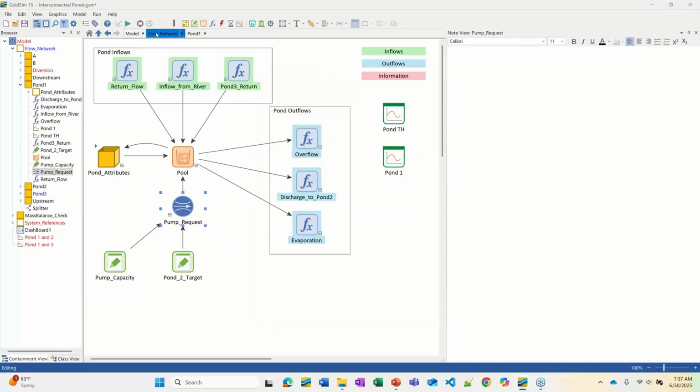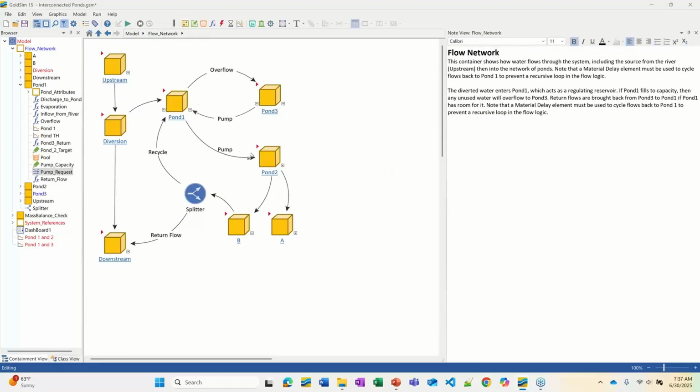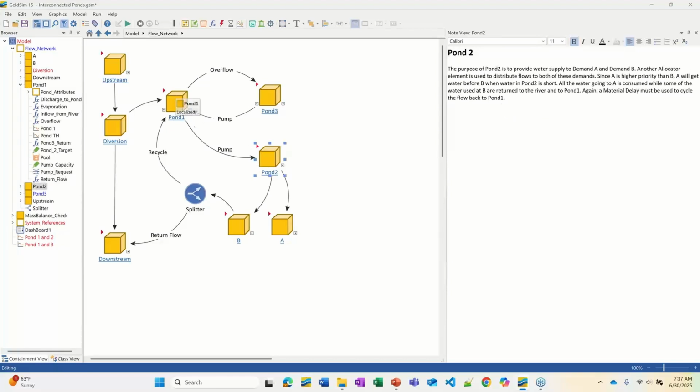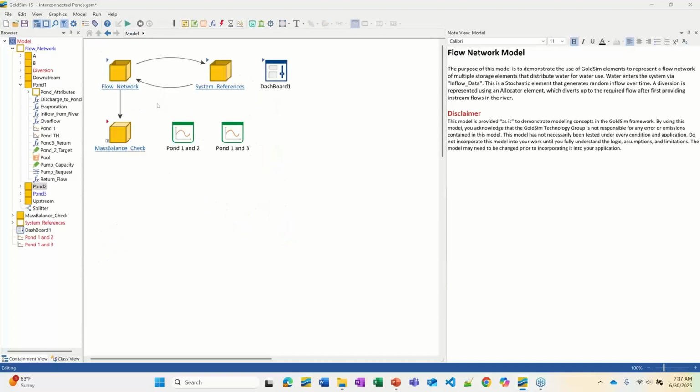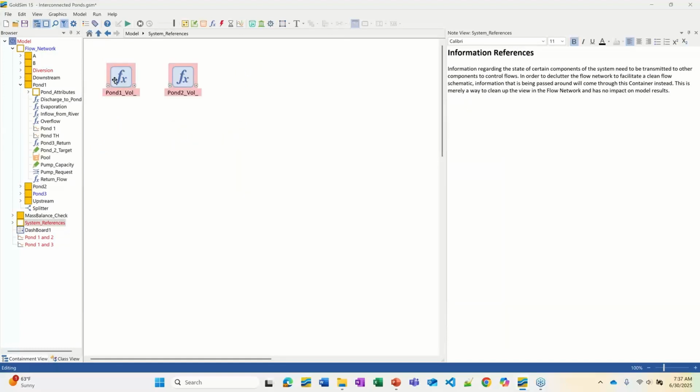And by the way, if we go up here to the flow network, there is no influence line from pond 2 to pond 1. I did that on purpose because I'm filtering those lines out by using system references, where I'm putting the things that are essentially broadcast. This is where I broadcast information, essentially feedback between components.